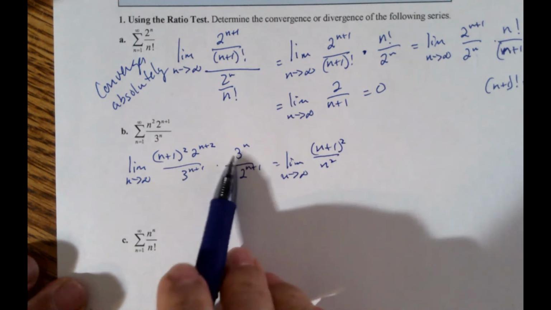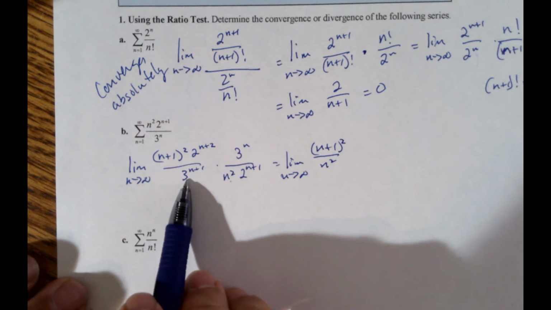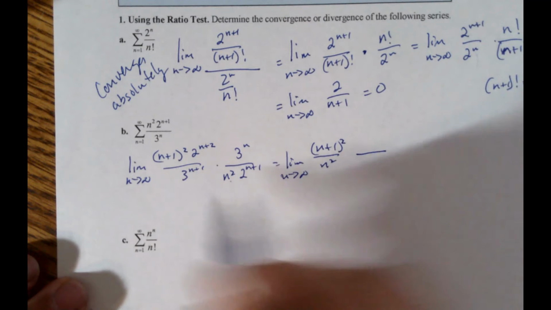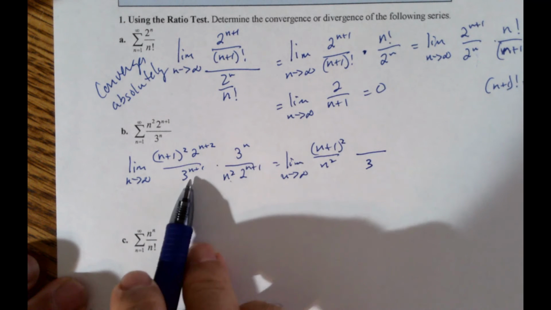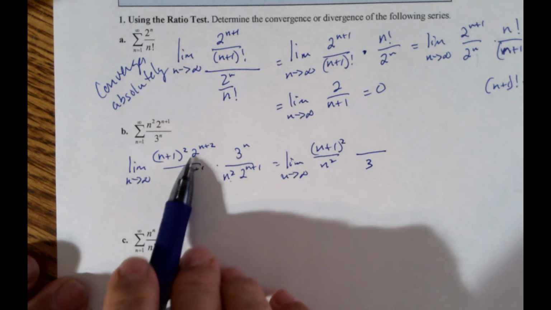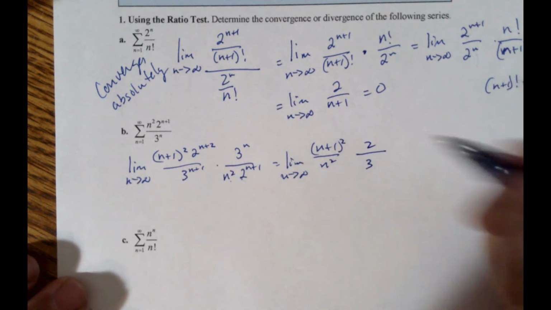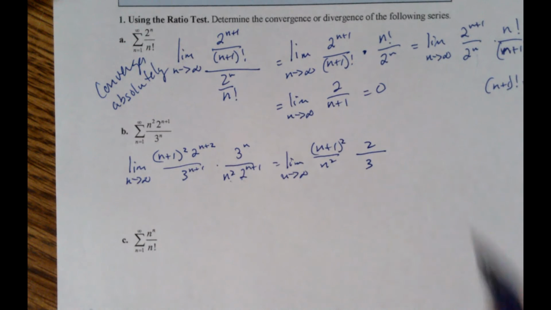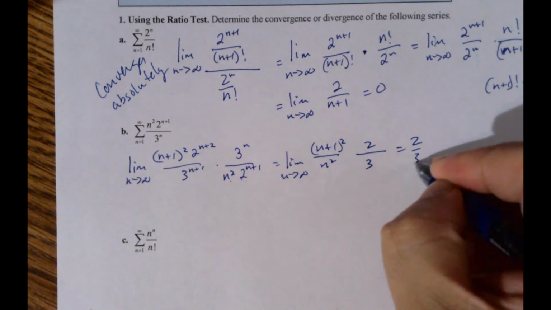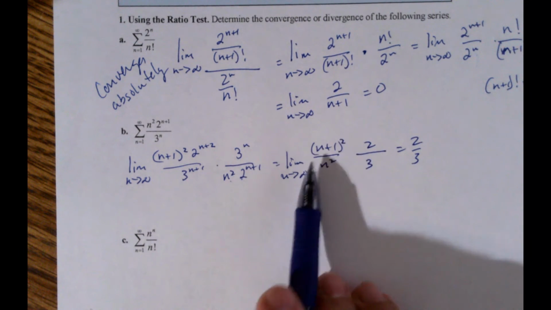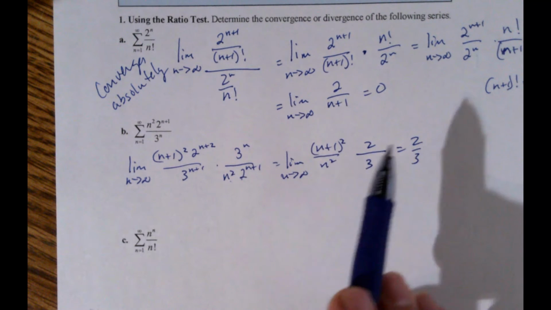And then this part here, 3 to the n and 3 to the n plus 1, is going to leave you a 3 in the denominator, right? Here, 2 to the n plus 2 divided by 2 to the n plus 1, it's going to leave you 2 in the numerator. And the limit of that is 2/3. This part's limit is 1 because it's basically a quadratic over quadratic, so just left with the 2/3.